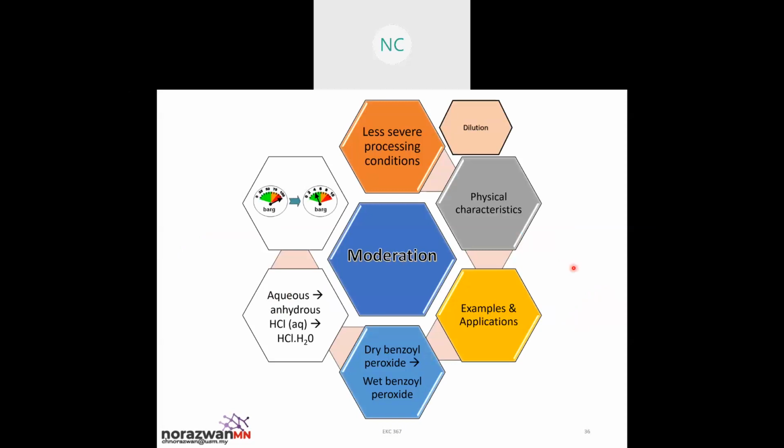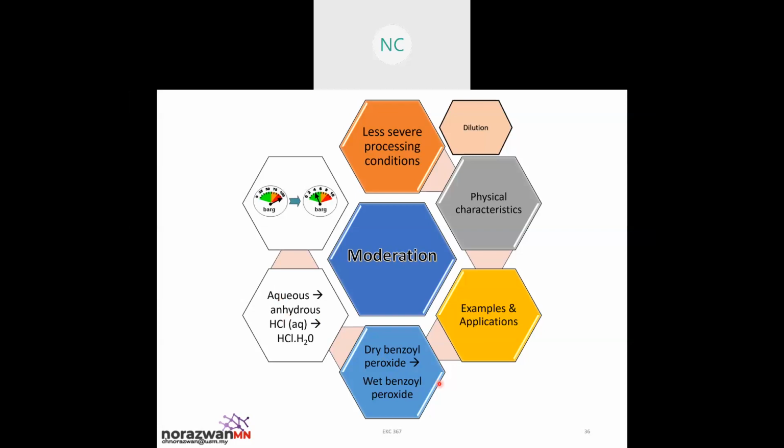Okay, then we have moderation. Okay, it's already 12:30. Moderation is trying to have a less severe processing condition. For example, we introduce dilution. We try to dilute from the aqueous to anhydrous, or from the dry benzoyl peroxide, for example, towards the wet benzoyl peroxide.